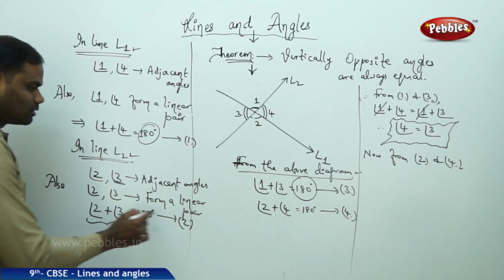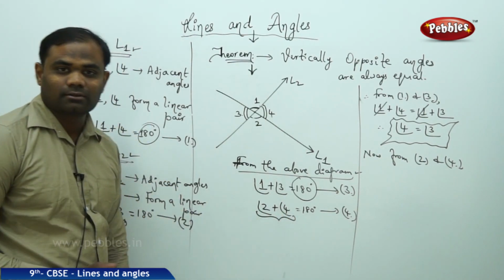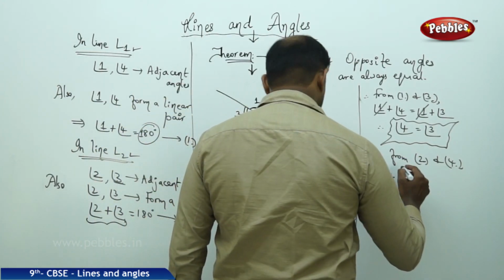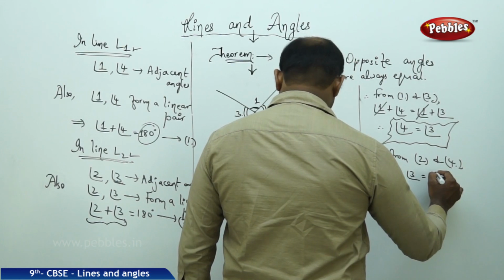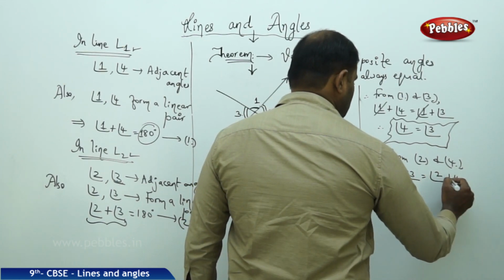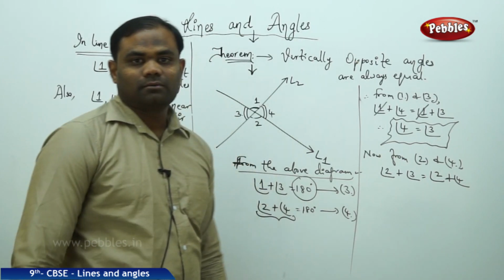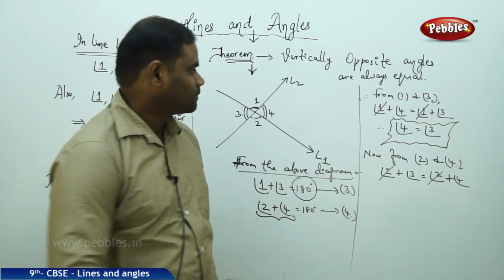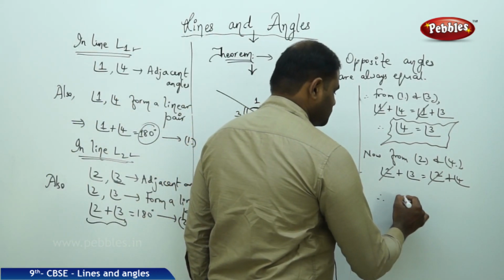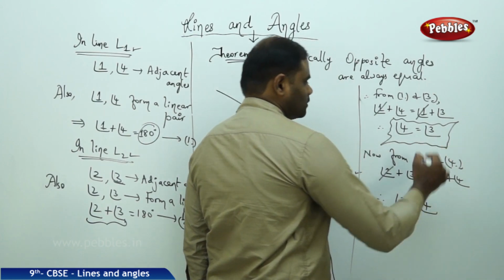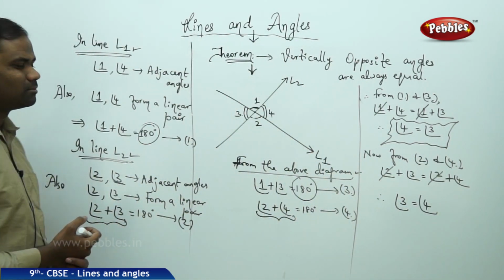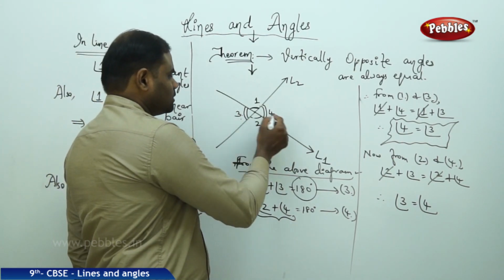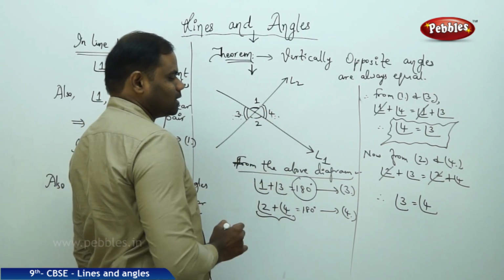So angle 2 plus angle 3 is equal to angle 2 plus angle 4, where the common angle 2 is cancelled on both sides. Therefore, I get angle 3 equals angle 4. So one pair of vertically opposite angles is equal.